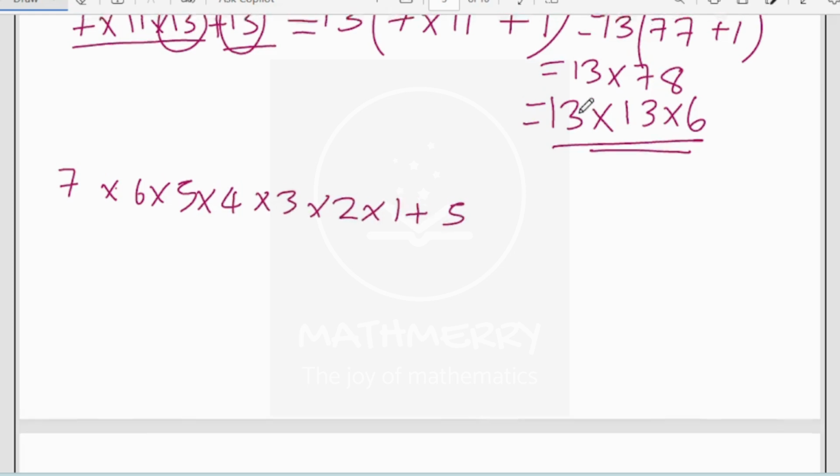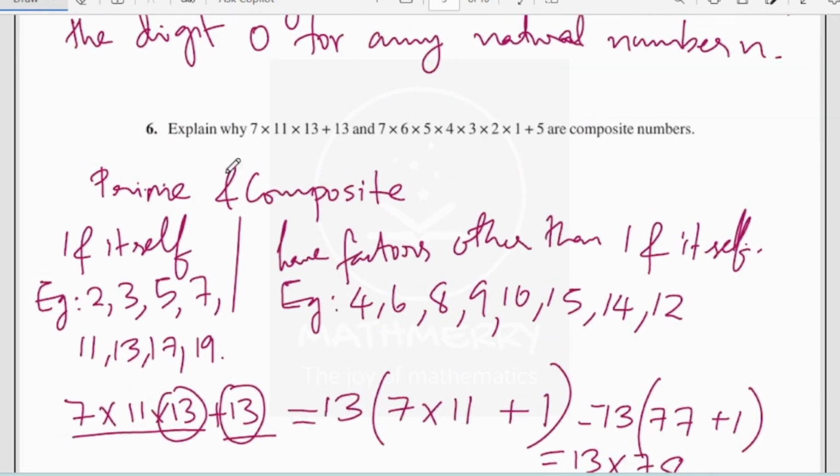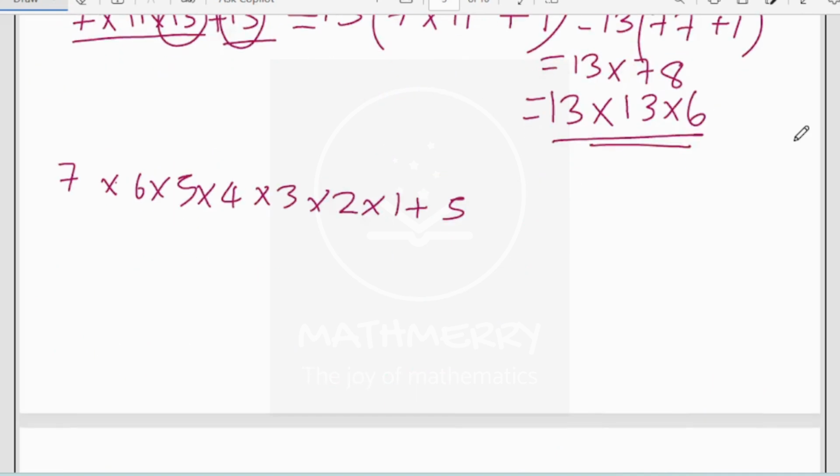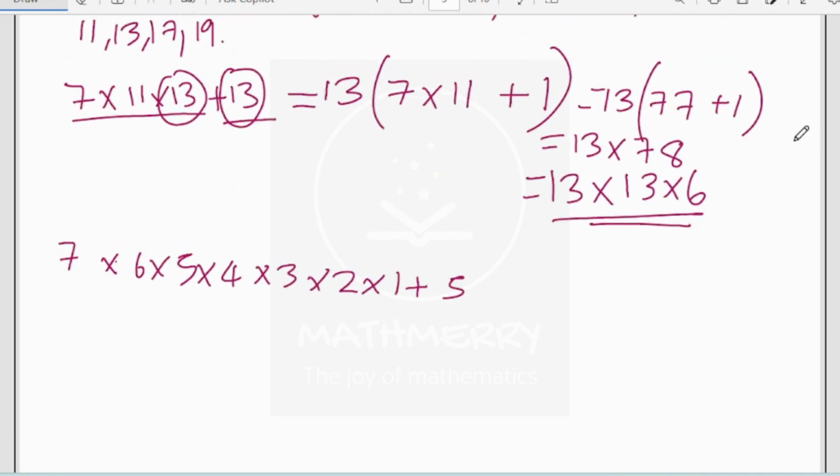Now look at the question. Explain why 7 into 11 into 13 plus 13 and 7 into 6 into 5 into 4 into 3 into 2 into 1 plus 5 are composite numbers. So we have to explain why these numbers are composite. For the first number, we found its factorization.